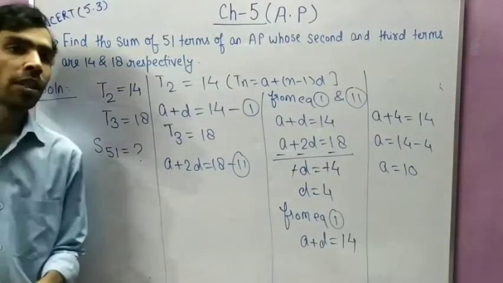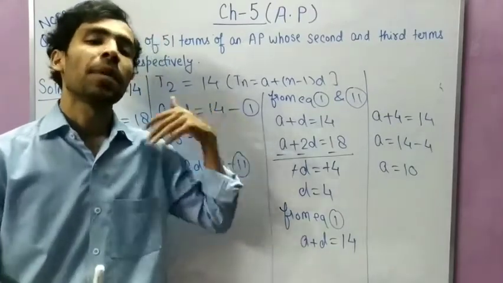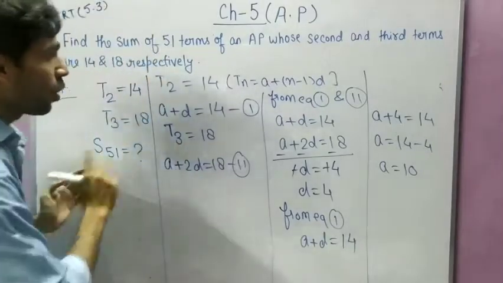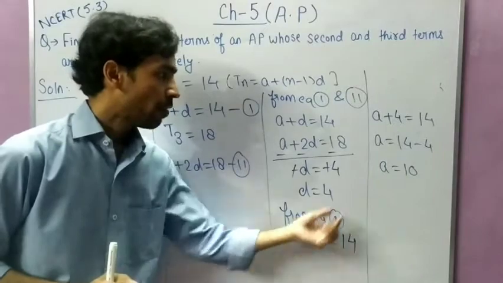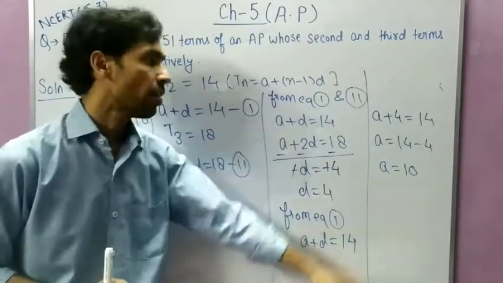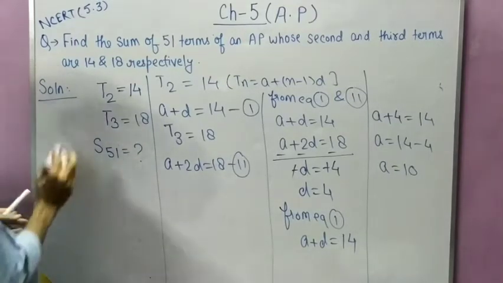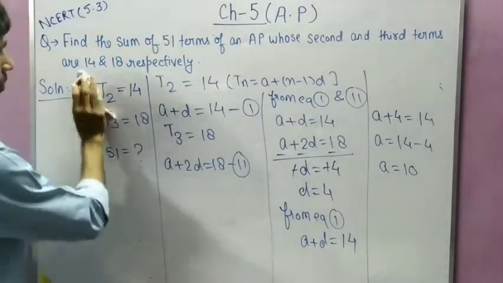If you know the first term and the common difference of any AP, you can write many terms and find their sum also. So by solving these two equations, we got the common difference 4 and the first term A as 10. We need at least the common difference and first term to find anything. So this is over. Now we have to find the sum of 51 terms.